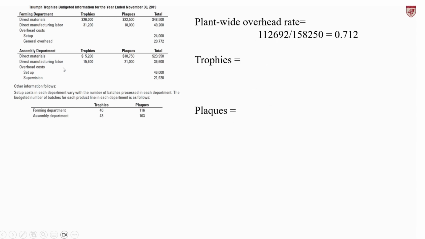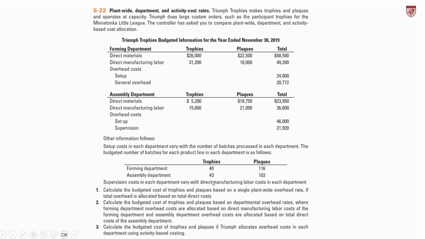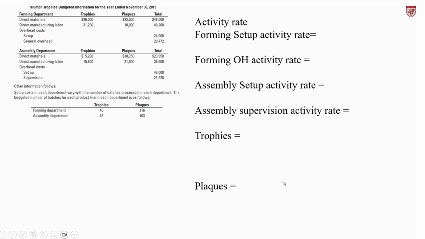Okay? If you see it right here, vary with the labor cost in each department. So the right activity rate here is going to be dividing the 2772 here by the total labor cost in the forming department, which is 49,200. So 0.422 per dollar of the labor cost.